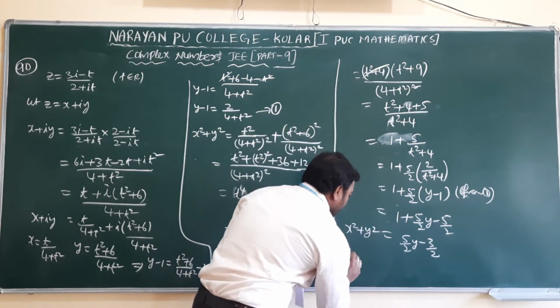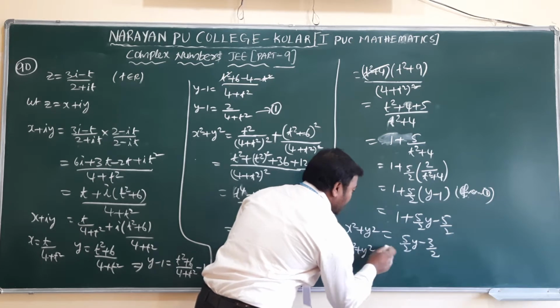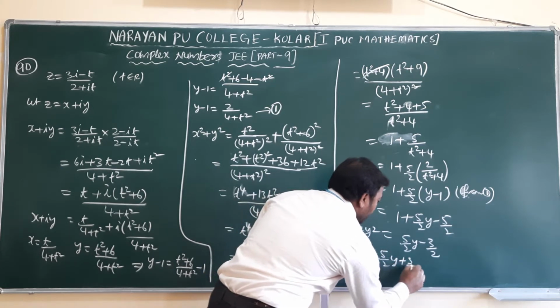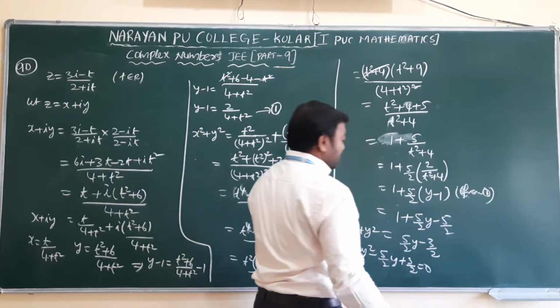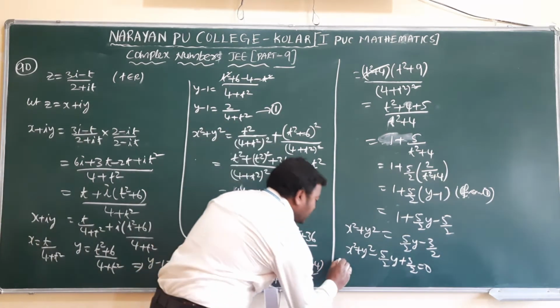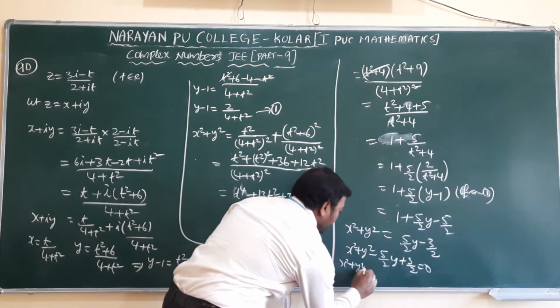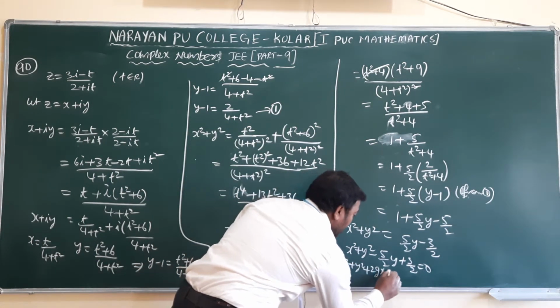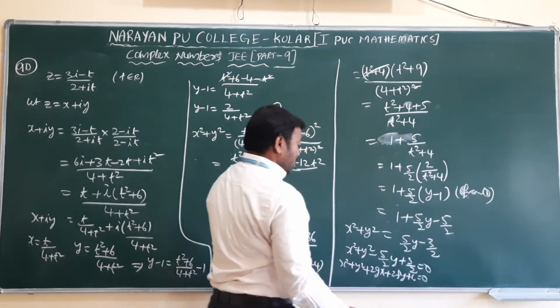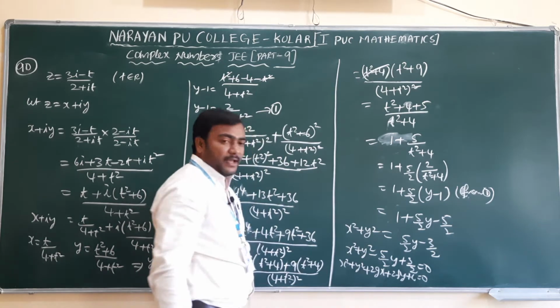But x square plus y square minus 5 by 2y plus 3 by 2 is equal to 0. It is in the form of the general equation of the circle, x square plus y square plus 2gx plus 2fy plus c is equal to 0, with center minus g comma minus f.